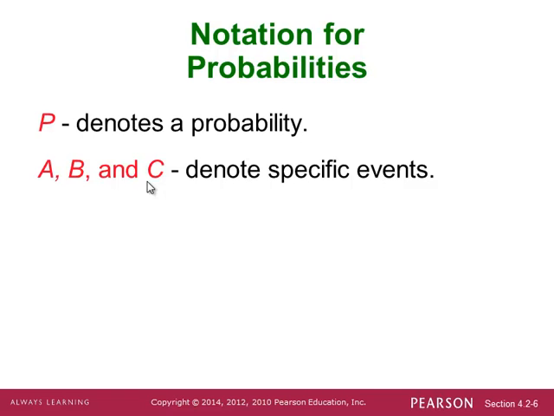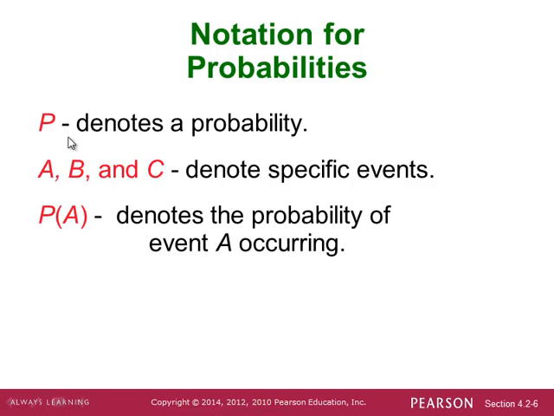And we typically give sets in mathematics the names of letters. So when we see P of A, just like in functional notation from algebra class, this means the probability of event A occurring.